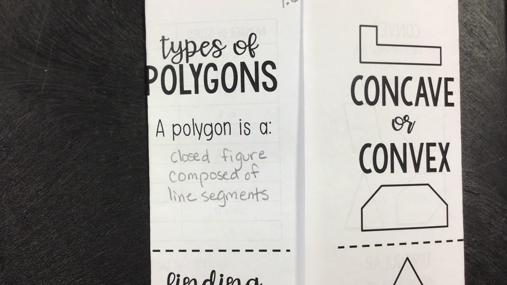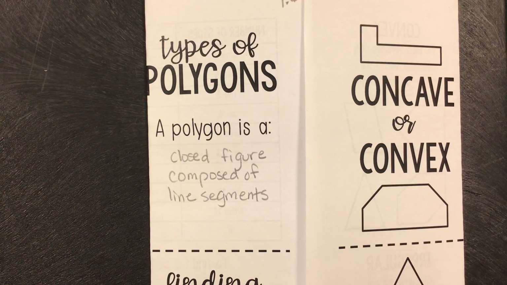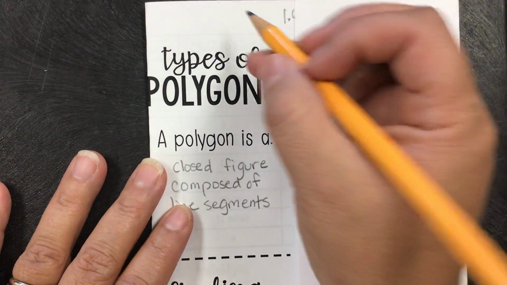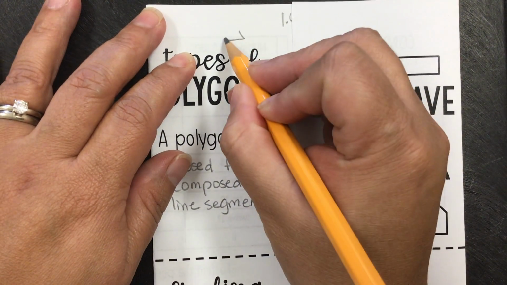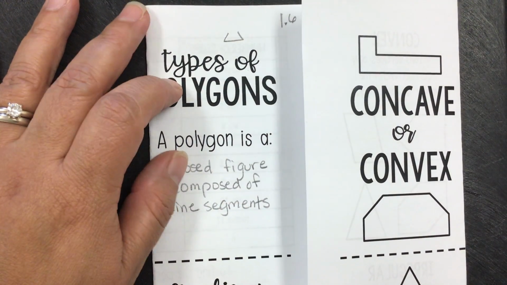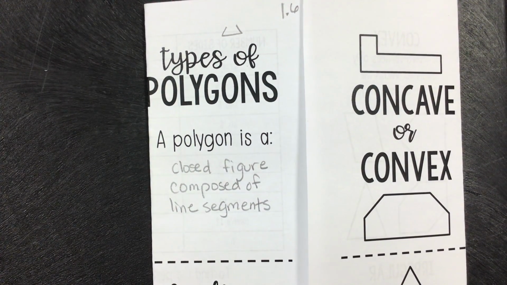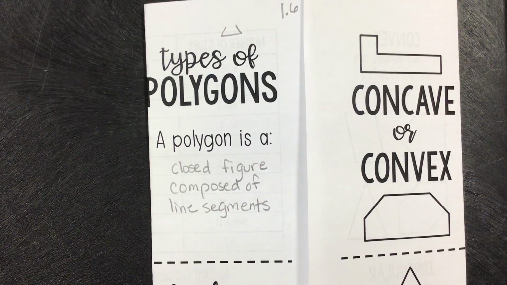So if they're not lines, for example, curves, then it's not a polygon. If it's not closed, sort of like I was mentioning with the triangle, that if it's not long enough, then it can't form a triangle, it won't form a polygon.